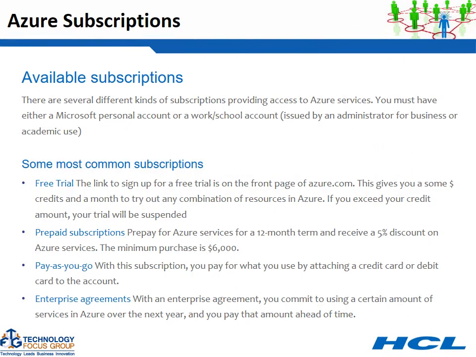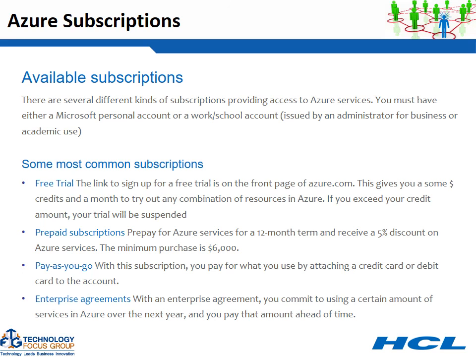Azure subscriptions. Let's see how we pay for these services. Azure provides a number of subscription options. To use these subscription options, you must first have either a Microsoft personal account or a work or school account. Let's see some of the most common subscription options. First one is a free trial.